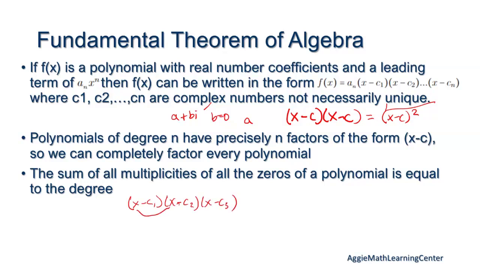Eventually you're going to get x times x times x, which is x cubed, plus whatever. So the degree of the leading term is how many factors you can have. Again, they can be the same and have multiplicity greater than 1. Any questions with that so far? Okay.